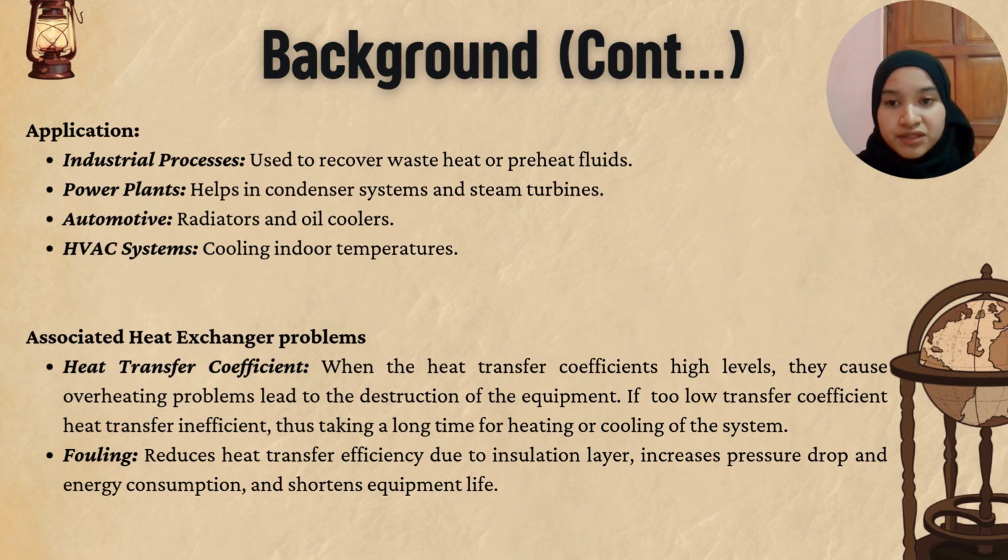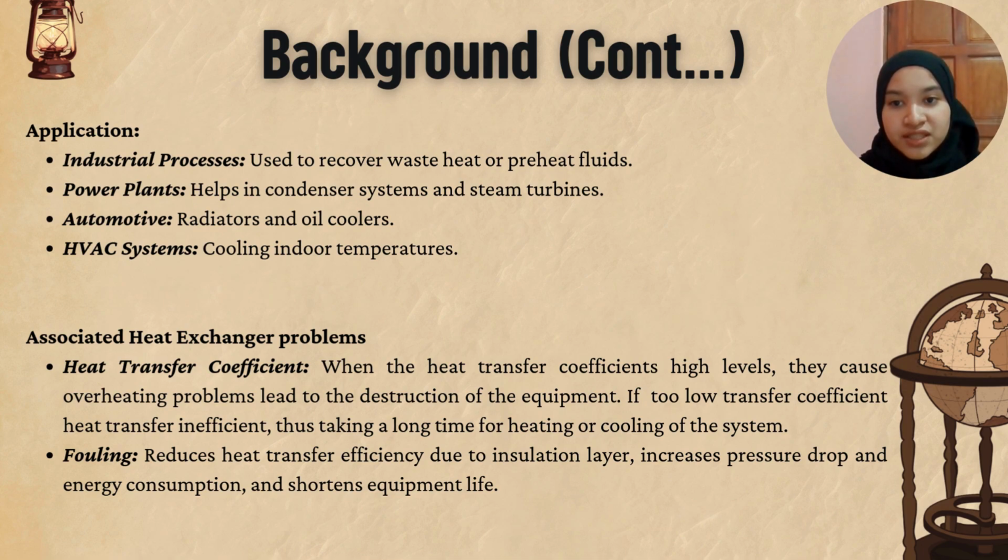Next, I will present the application of heat exchangers and the associated heat exchanger problems that happen in industry. The common applications of heat exchangers are in industrial process, power plant, automotive and HVAC systems. Firstly, in industrial process, they are commonly used to recover waste heat and preheat fluid.